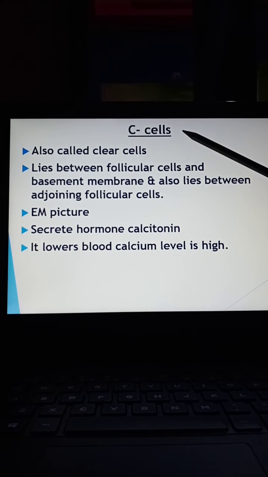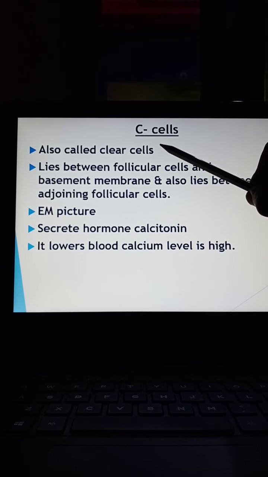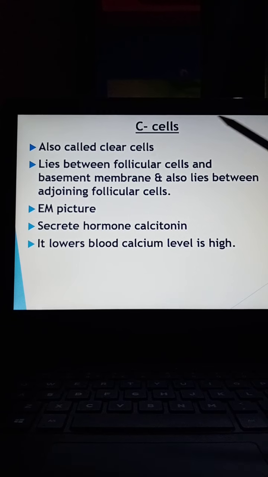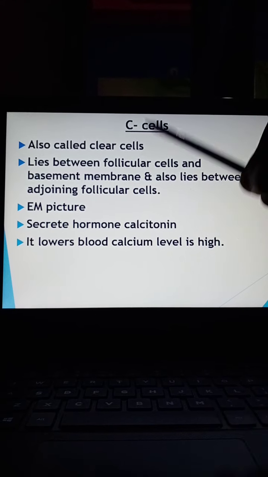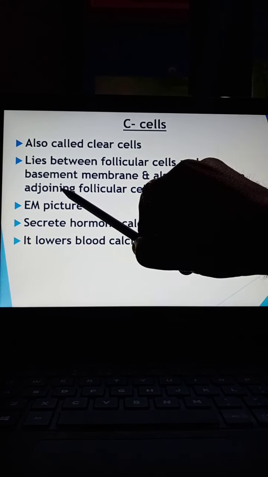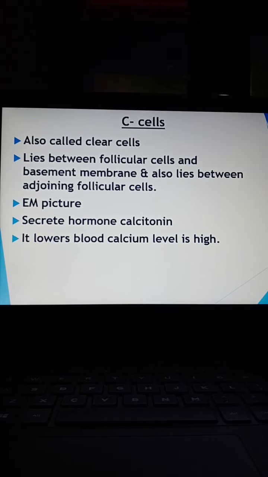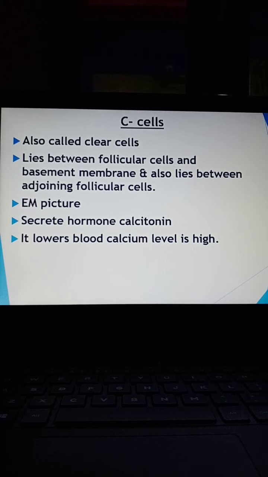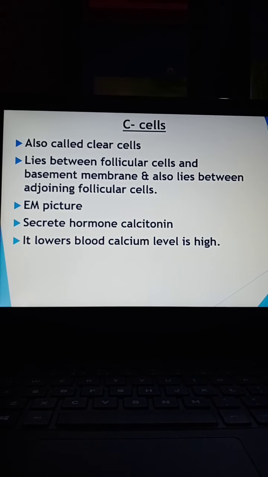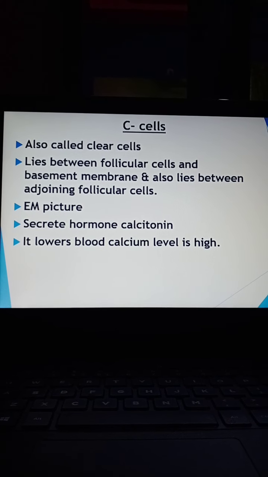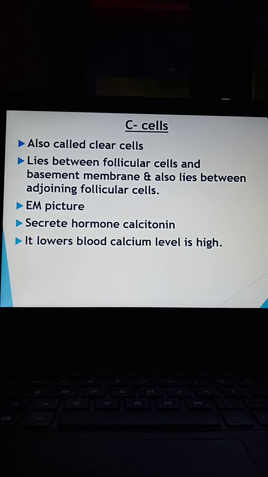About C cells: they are also called clear cells and parafollicular cells. These C cells lie between the follicular cells and the basement membrane. Also, they lie between adjoining follicular cells. In the electron microscopic picture, each C cell contains well developed granular endoplasmic reticulum, Golgi complex, numerous mitochondria and membrane bound secretory vacuoles.